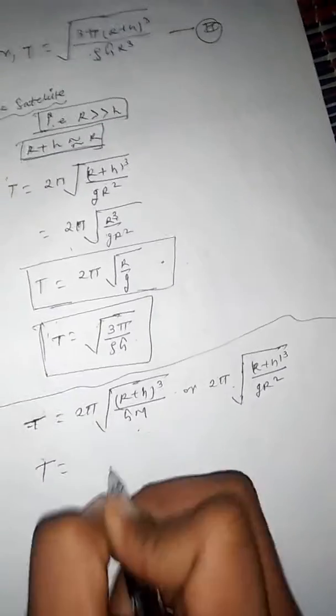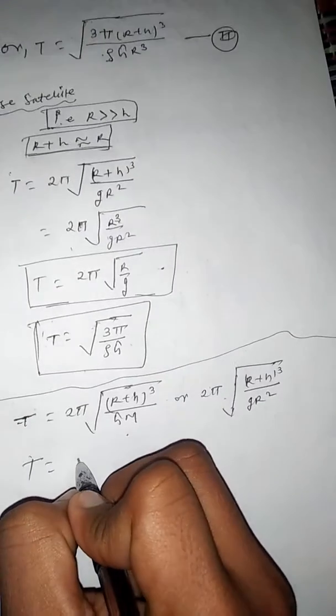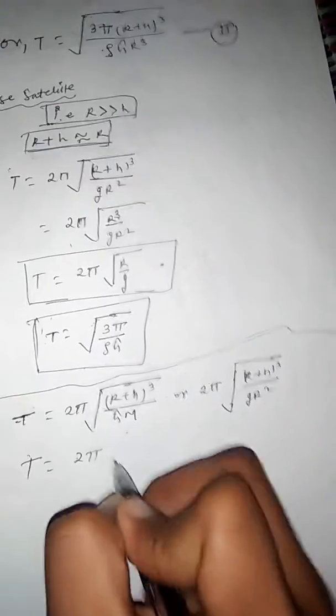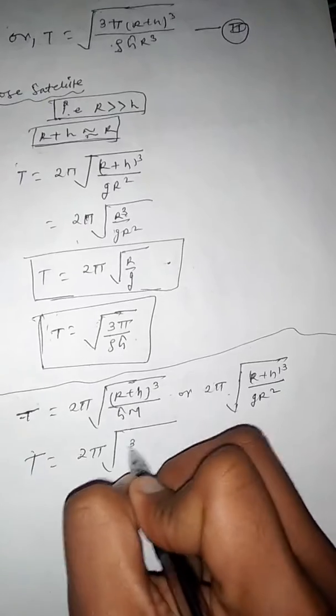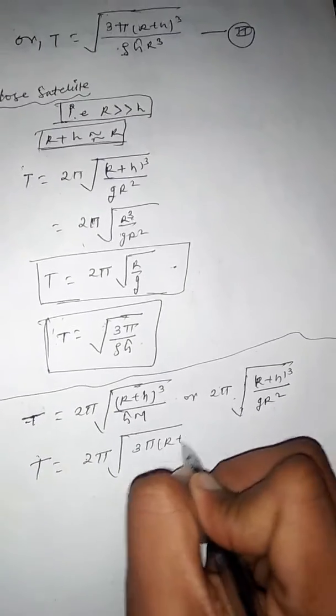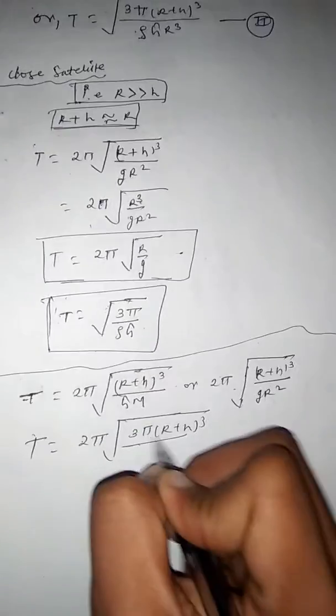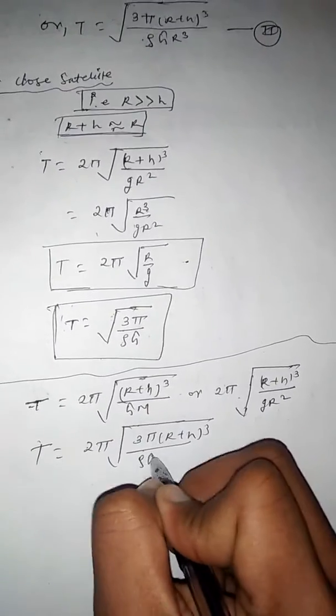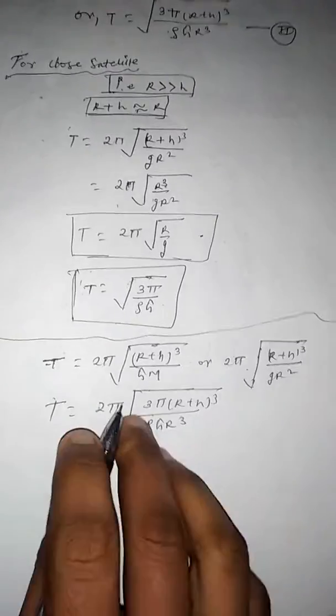Another formula of the time period is 2 pi root 3 pi (r plus h) whole cube divided by rho g r cube, in terms of density.